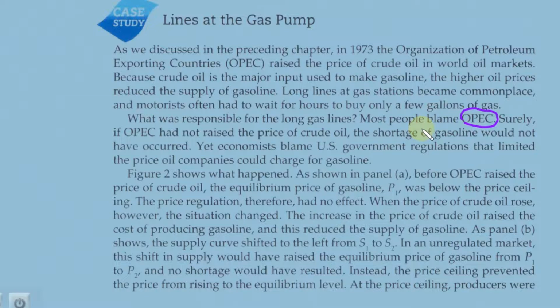If OPEC had not raised the price of crude oil, the shortage of gasoline would not have occurred, because the price will be decided according to demand and supply in the market.